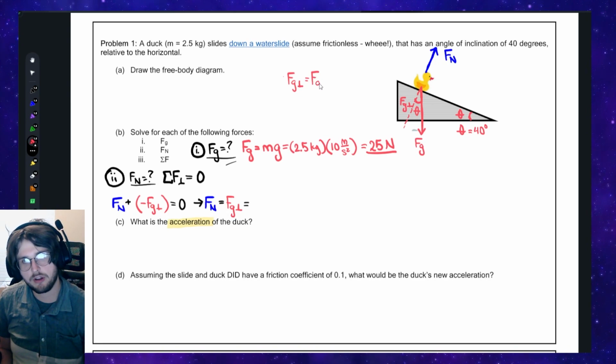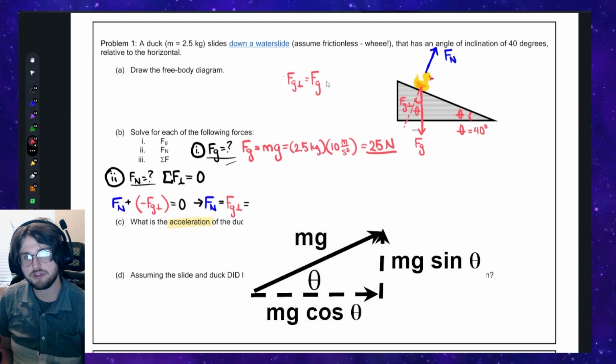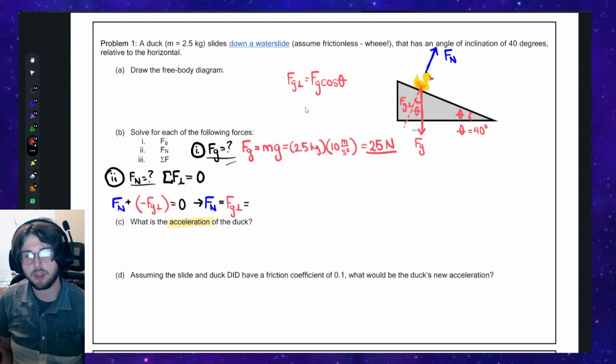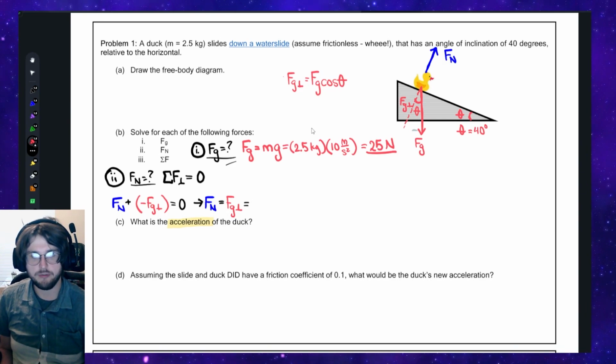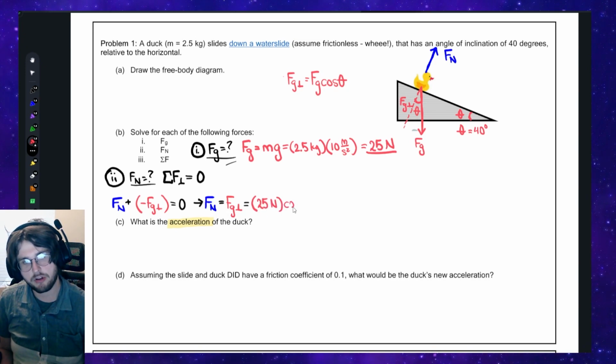So if we're treating the force due to gravity as the hypotenuse, then Fg times cosine of theta will let us find that adjacent side. So over here then, it's going to be Fg cosine theta. Fg we found to be 25 newtons times cosine of 40 degrees.